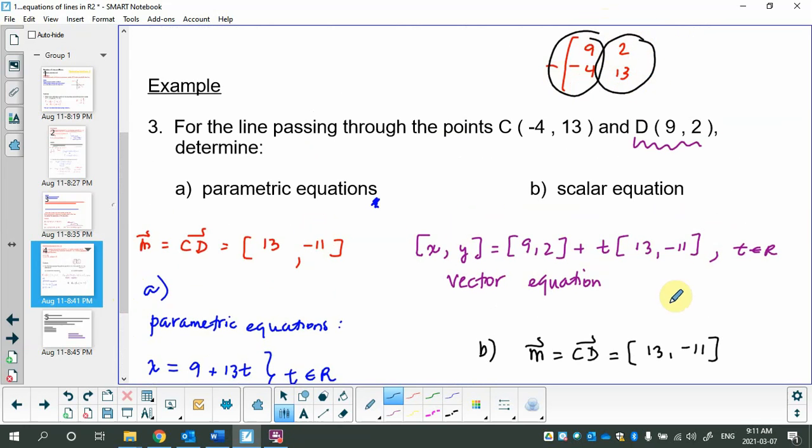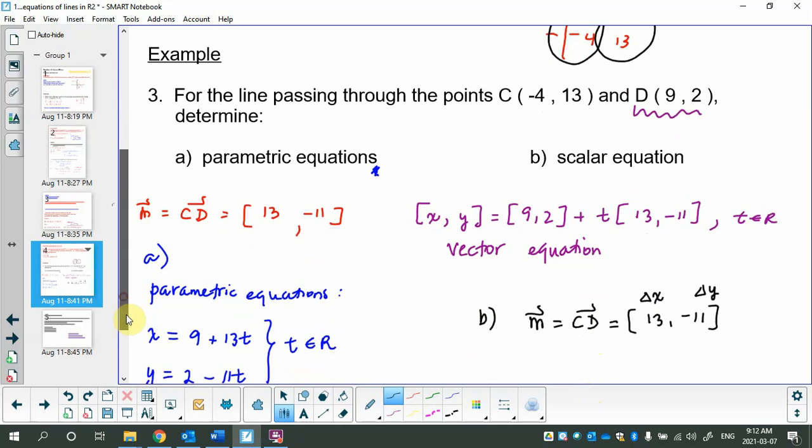So this value right here is the change in y, so it's actually y2 minus y1, and this is the change in x's, so it's x2 minus x1.